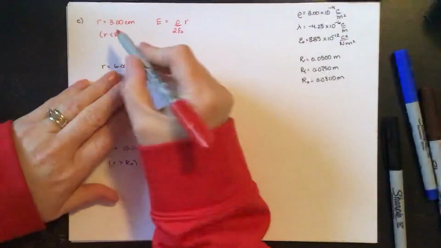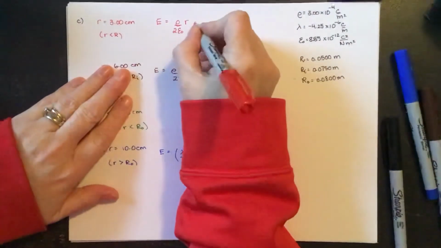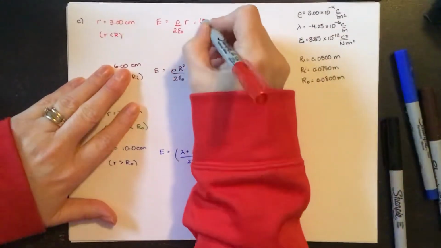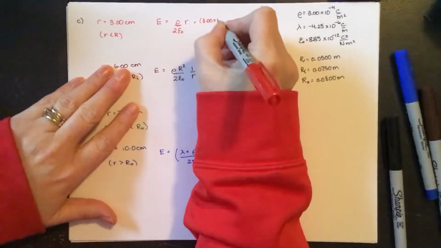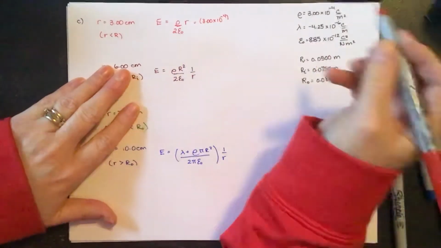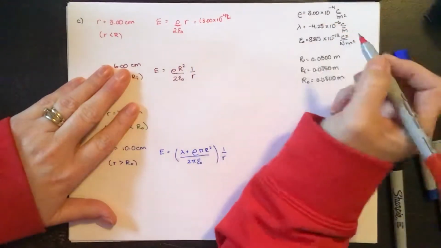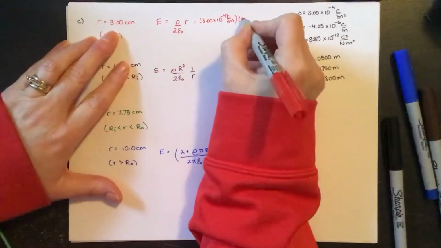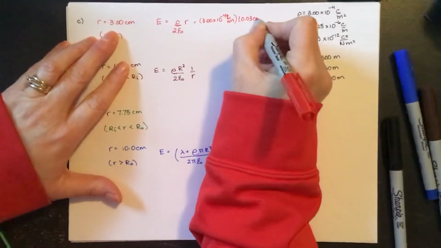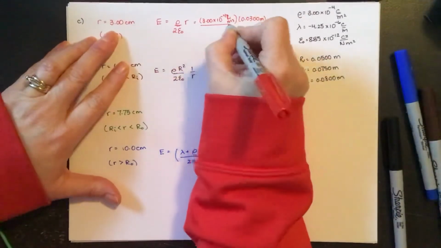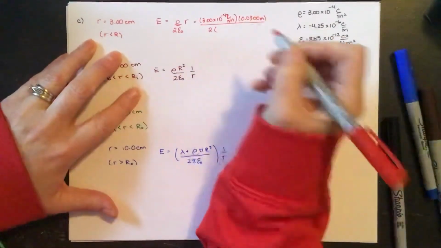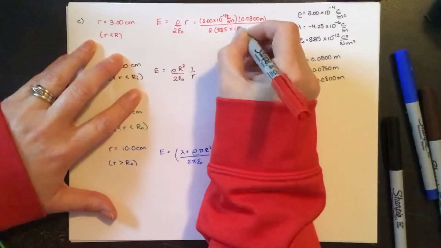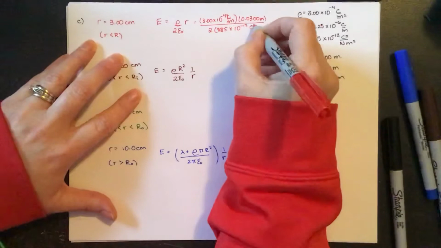So the electric field at 3 centimeters is when we're inside the insulating cylinder. So it's the density, which is 3 times 10 to the minus 4 coulombs per meters cubed, times the position where we're trying to find the electric field, 0.03 meters, divided by 2 times epsilon naught, that's our permittivity of free space, 8.85 times 10 to the minus 12.